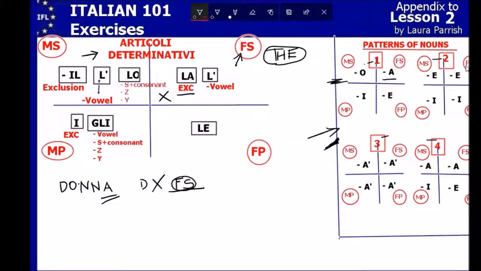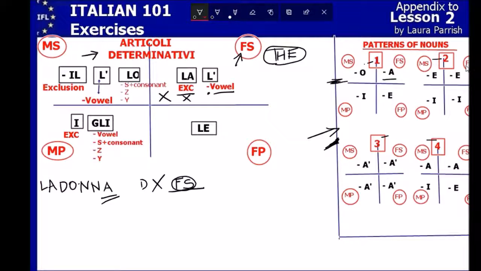We always start from the other one, and we ask, does this word start with a vowel? The answer is no. Because the answer is no, by exclusion, we choose the other article. So the right article is la donna.